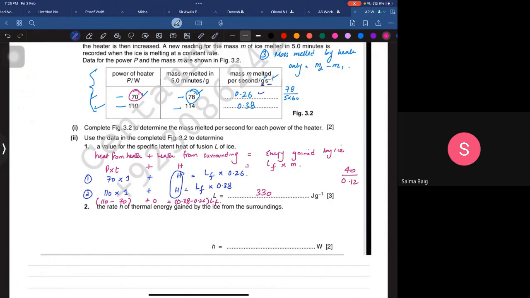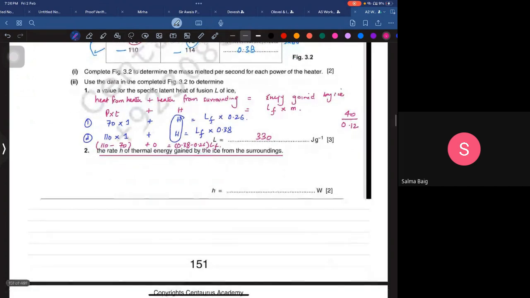Now, kids, the last one says: find the rate H of thermal energy gained by ice. That's very simple. You can use any equation now. The first equation that we created was 70 plus H equals latent heat times 0.26. We have the latent heat of fusion, so 70 plus H equals 330 times 0.26. Now find H easily.